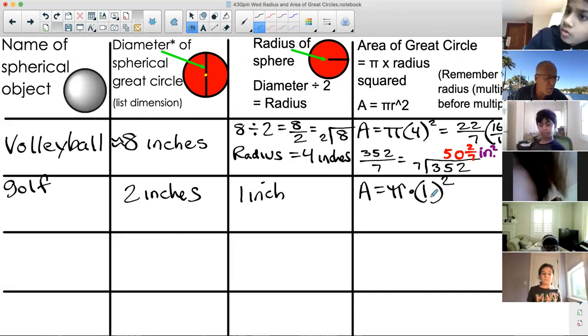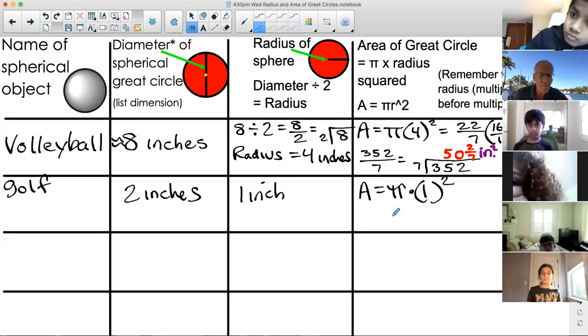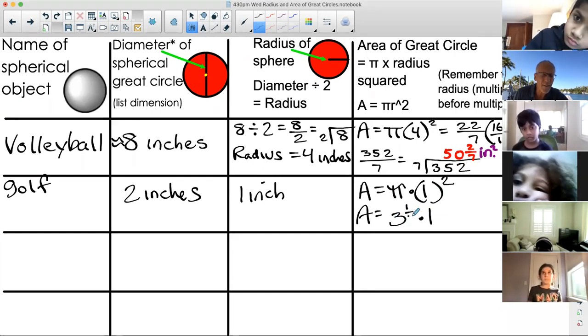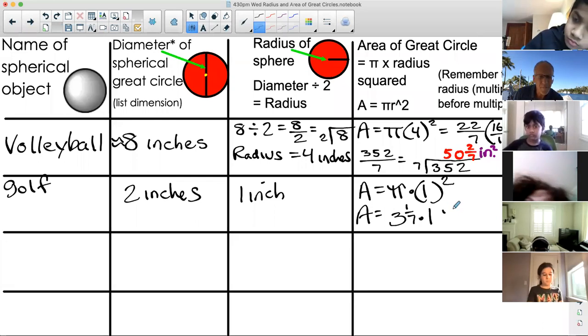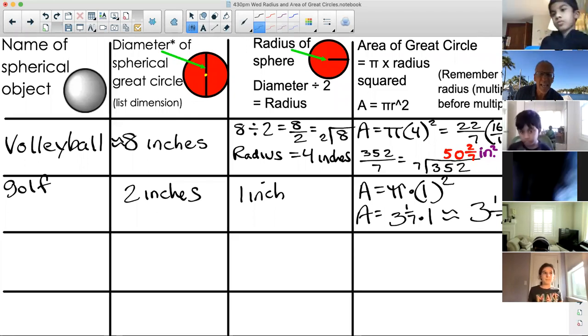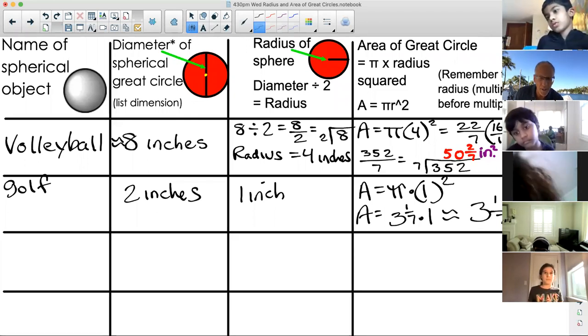Who knows what 1 squared is? 1. Say it out loud. It's 1. Pi is approximately 3 1/7. And so therefore the area is approximately what? 3 1/7. And all you need to say is square inches.